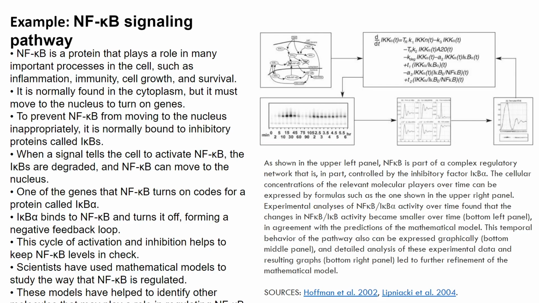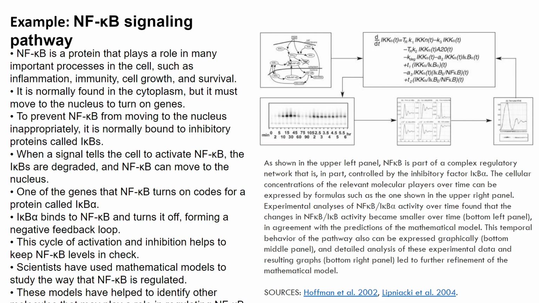So I kappa B binds to NF kappa B, which does not allow the complex to get inside the nucleus. But when the signal tells the cell to activate NF kappa B, the I kappa Bs are destroyed, and then NF kappa B can easily move into the nucleus. Now, if you go inside, one of the genes that NF kappa B turns on is actually the gene for I kappa B.